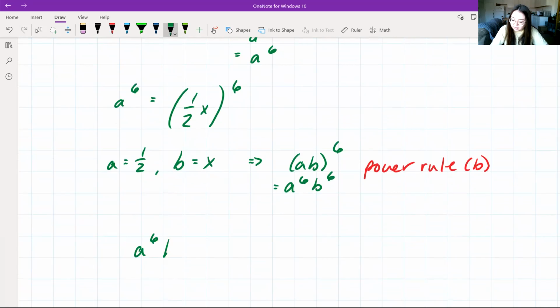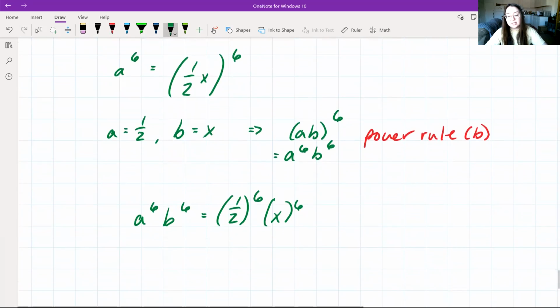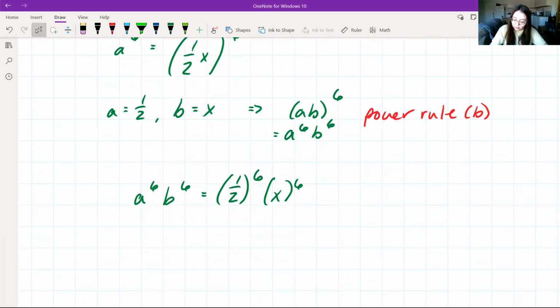So then a to the power of 6 times b to the power of 6 is going to give us 1/2 to the power of 6 times x to the power of 6. So x to the power of 6 is now simplified. So really what we're looking at is we have 1/2 to the power of 6 times x to the power of 6.